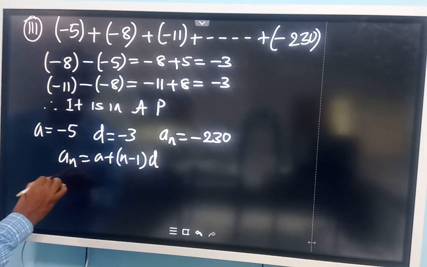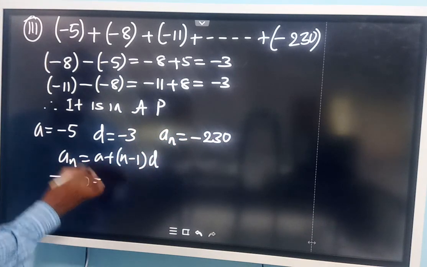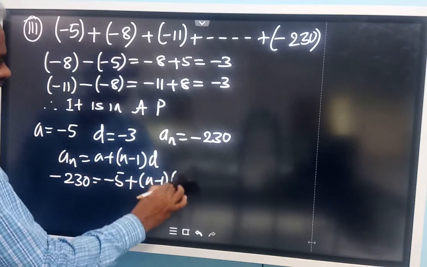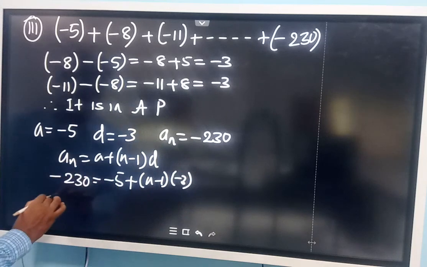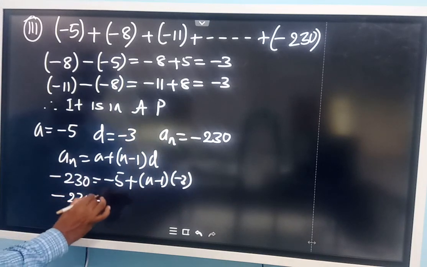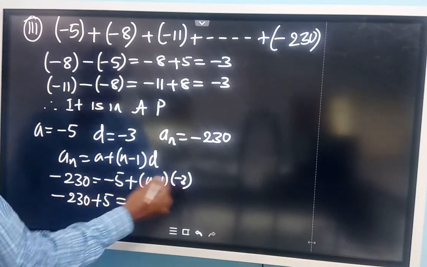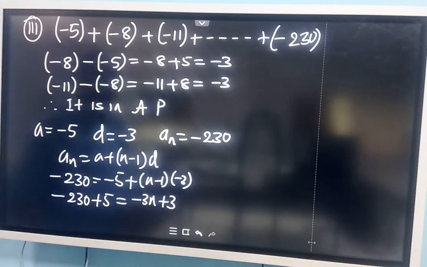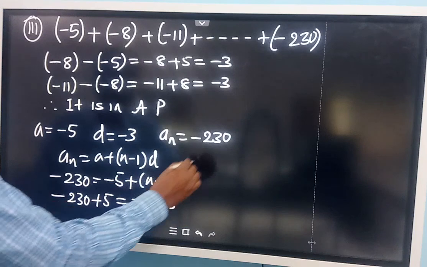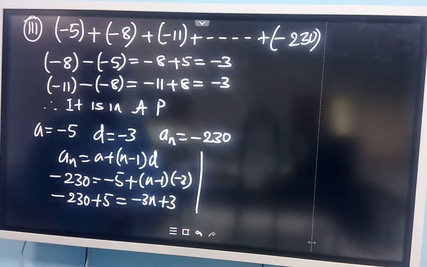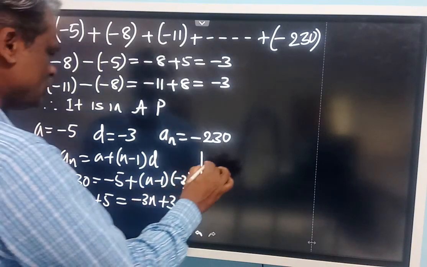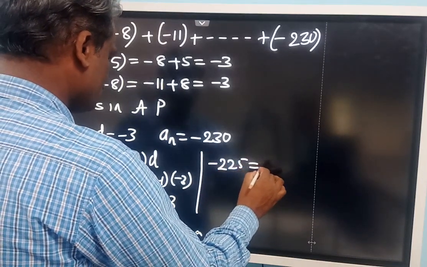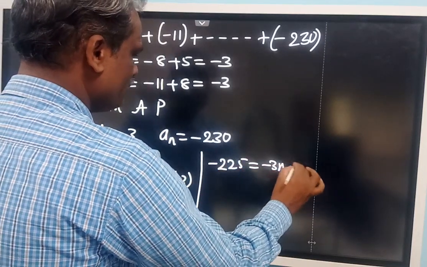So an here minus 230, first term minus 5 plus n minus 1 into d, here minus 3. Transfer this to the left side: minus 230 plus 5 is equal to minus 3n plus 3. Minus 3 multiplying inside. So this will become minus 230 plus 5, it is minus 225. Minus 225 is equal to minus 3n plus 3.